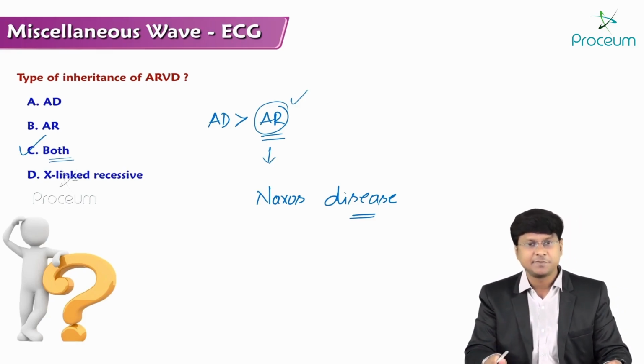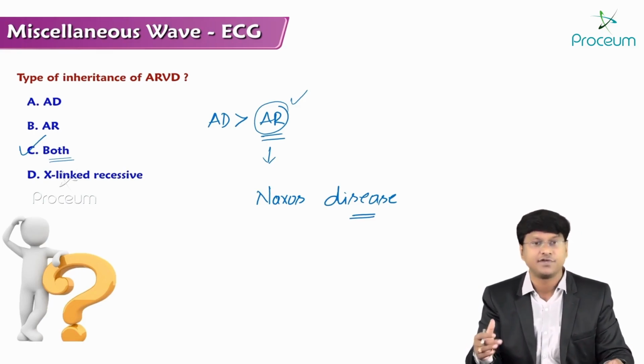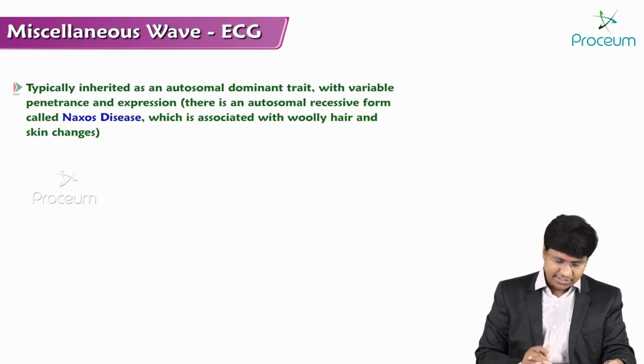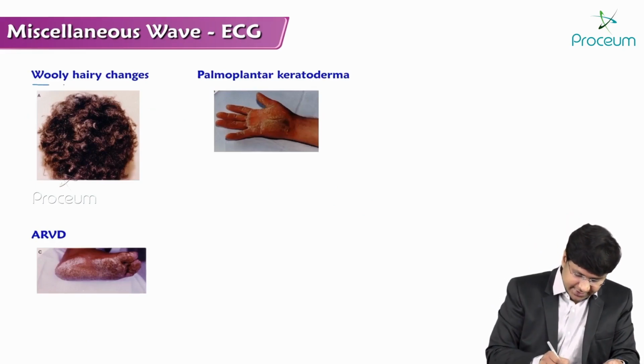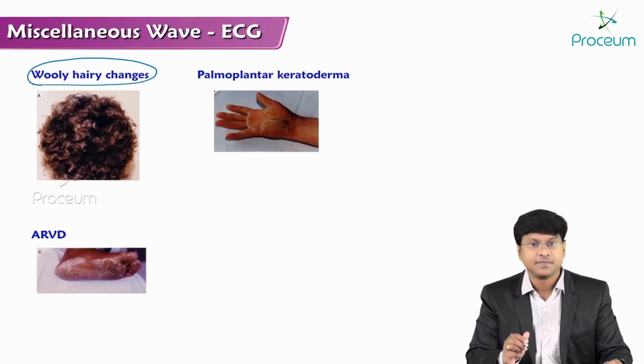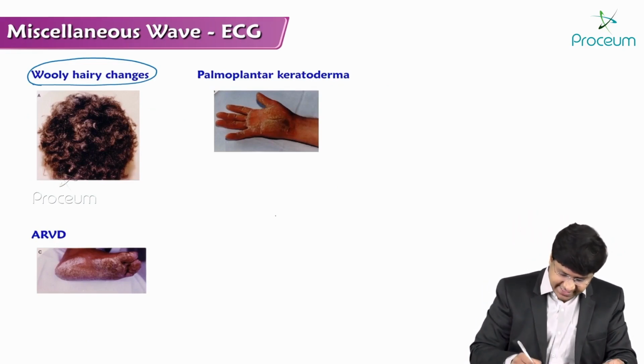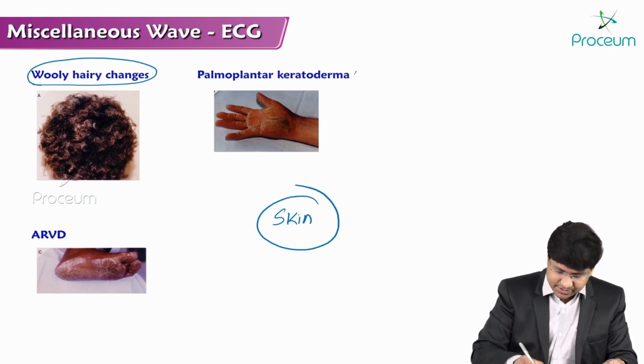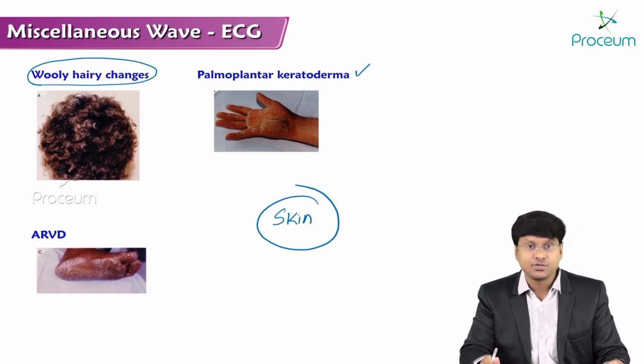Now, what is this particular Naxos disease? What are the features of Naxos disease? In Naxos disease, remember, there will be woolly hair changes. Number 2, skin changes. And what will those skin changes be? That is palmoplantar keratoderma.